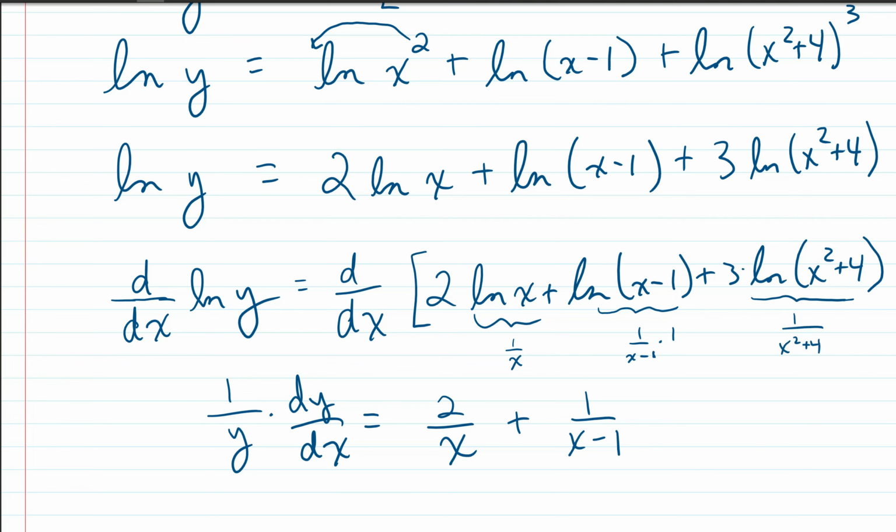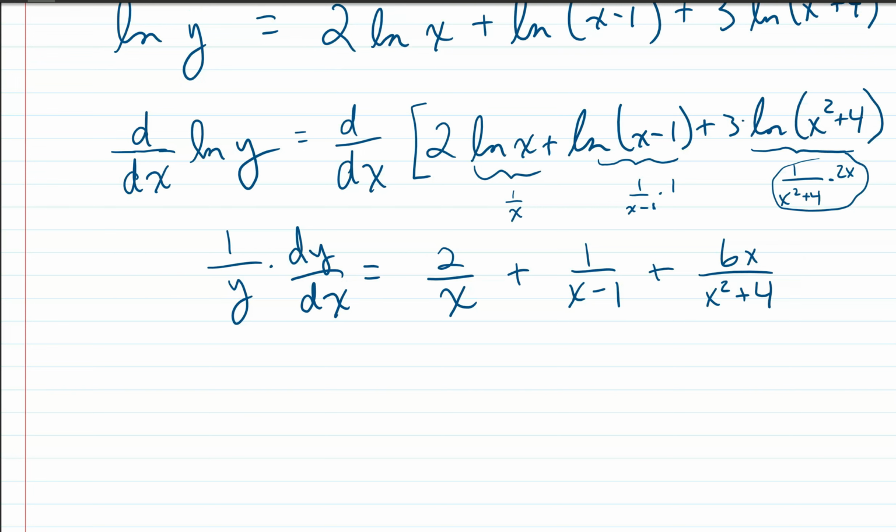The derivative of the outer, keeping the inner the same, times the derivative of the inner. Derivative of the inner, which is x squared, is 2x. Derivative of 4 is 0. So 2x times this 1 over x squared plus 4 is 2x over x squared plus 4. And then times 3, what do we get? 6x over x squared plus 4.